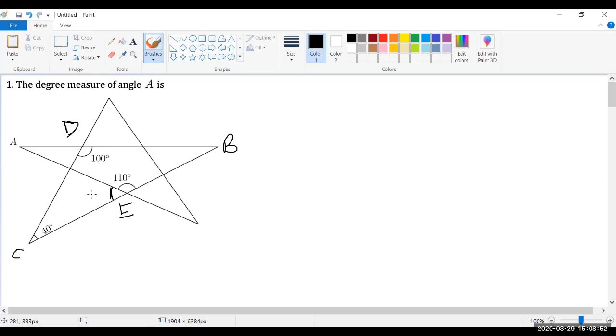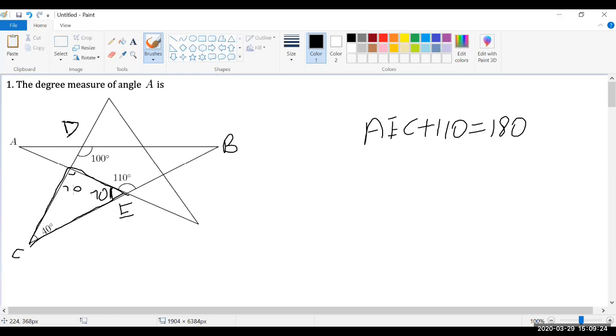angle AEC plus 110 equals 180. So this has to be 70, right? And now we know that the sum of the angles in a triangle add up to 180. So that this third angle inside this triangle right here is going to be 180 minus 70 minus 40, which is 70.